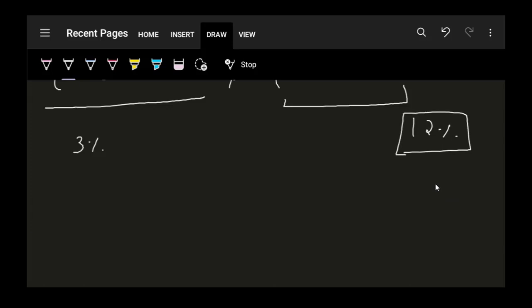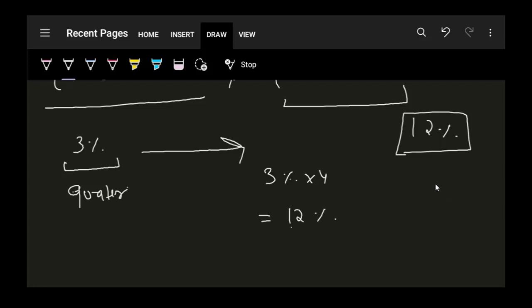So if you know the effective interest rate for one time period, suppose this time period is quarter, you can directly get the nominal interest rate per annum compounded quarterly. Since there are 4 quarters in each year, we got 12% per annum. But since this rate is not effective, we will write there per annum compounded quarterly.